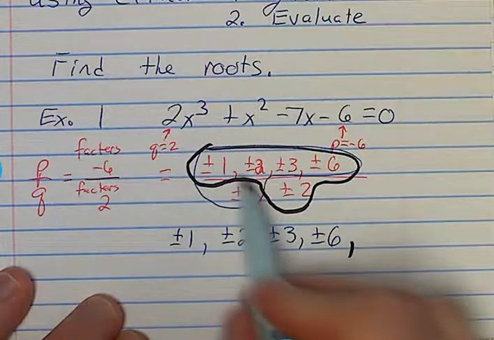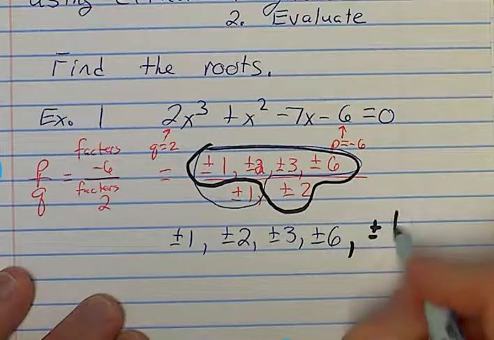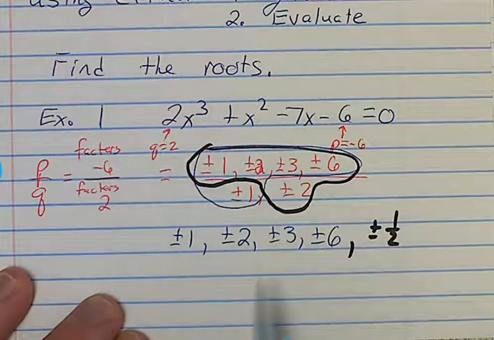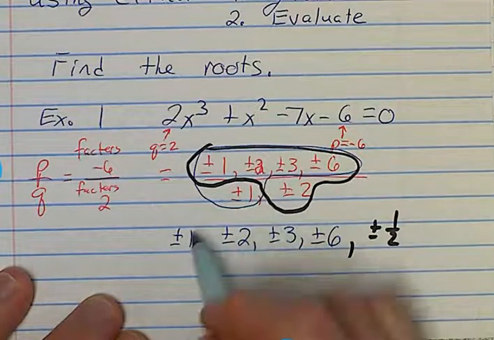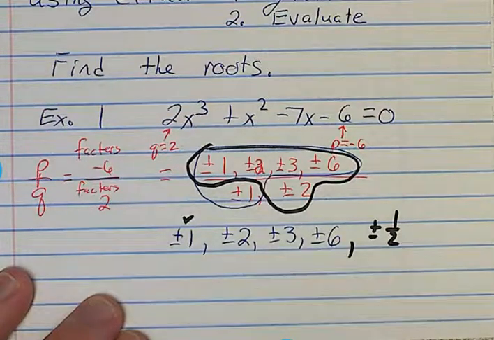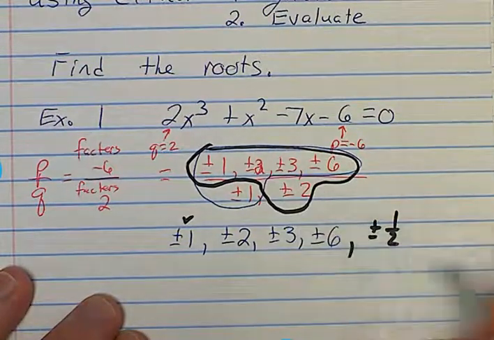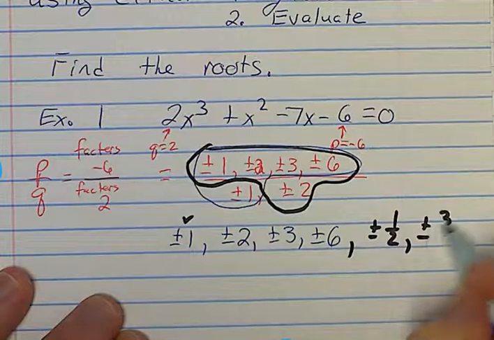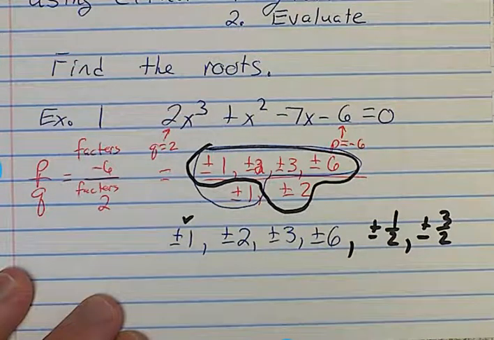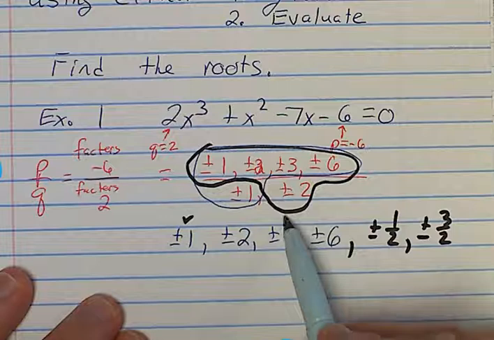So we've got plus or minus 1/2. We've got 2 divided by 2, which is 1, and again, we've got that one covered here, so we don't have to rewrite the 1. 3 divided by 2 is a fraction, so we need to have that one in there. And 6 divided by 2 is 3, so that's covered here.